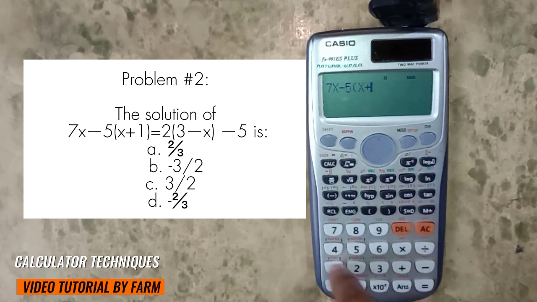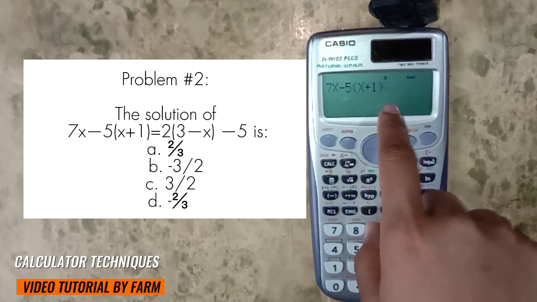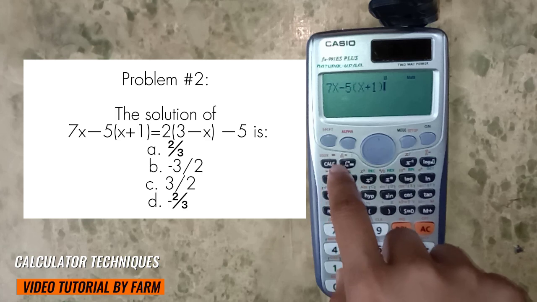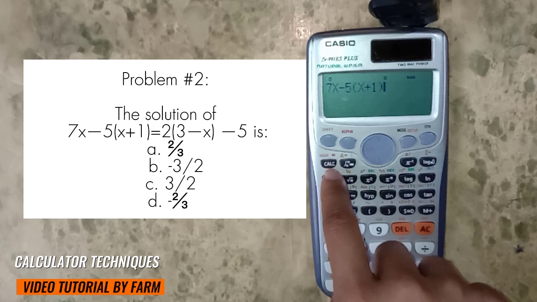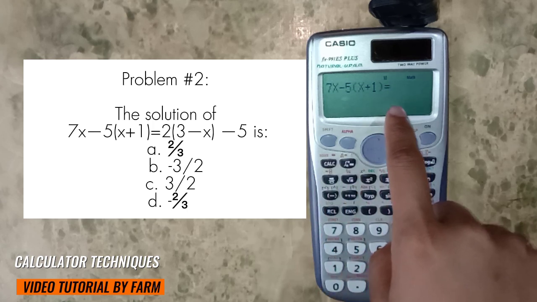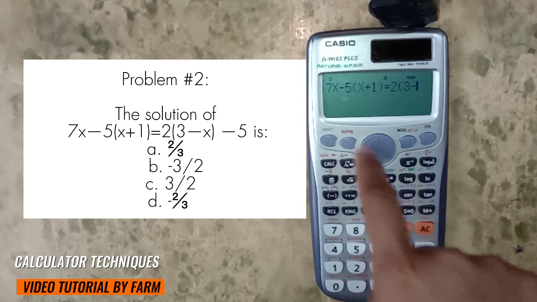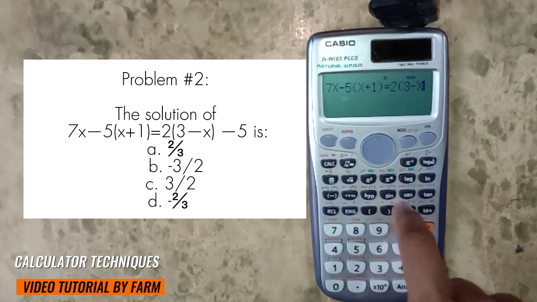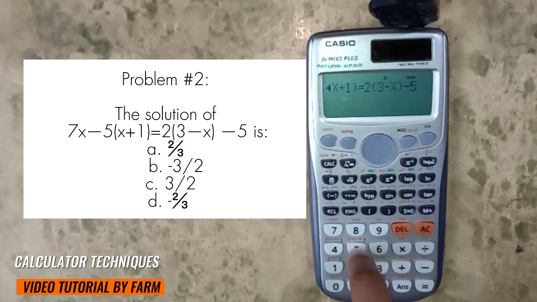So next is plus, then 1, then close parenthesis, then all you need to do to get the equals is to click the alpha, then calc. So as you can see, you get your equal sign, then 2, then close parenthesis, then click the 3, then minus, then alpha, close parenthesis to get your x, then close parenthesis, then minus, then 5.